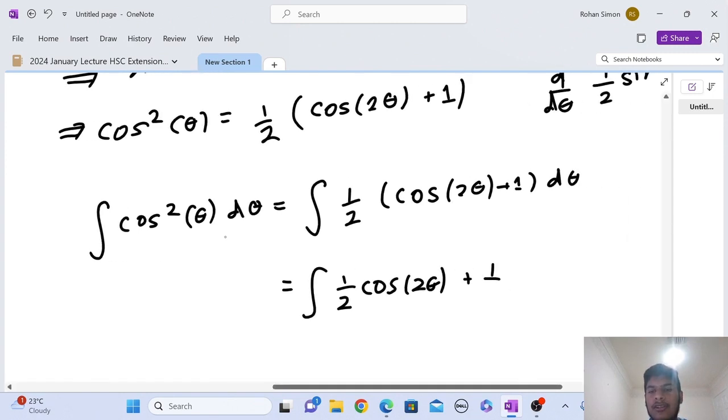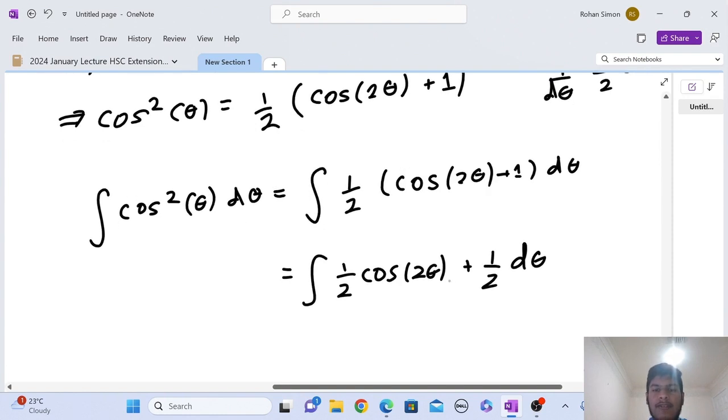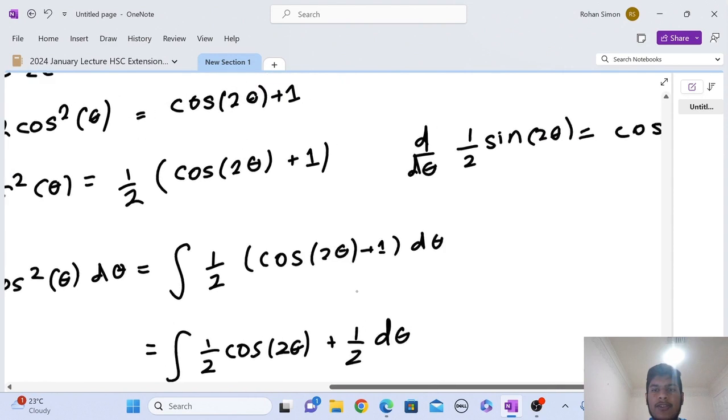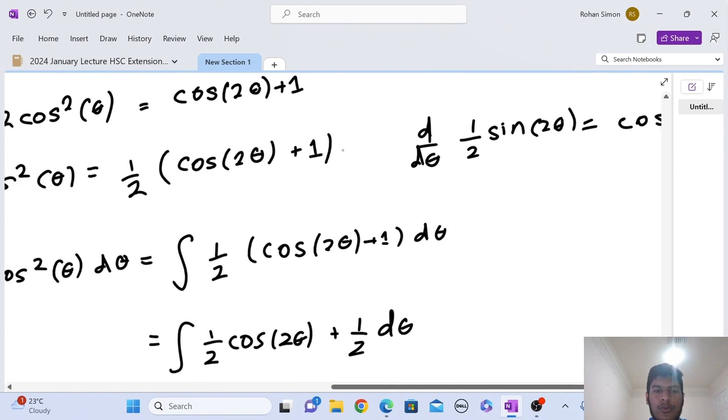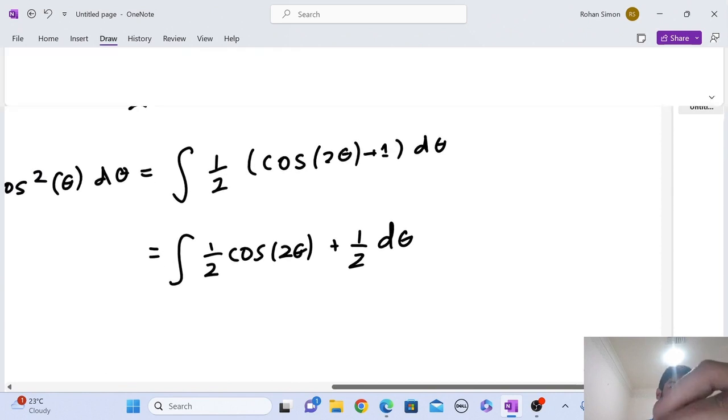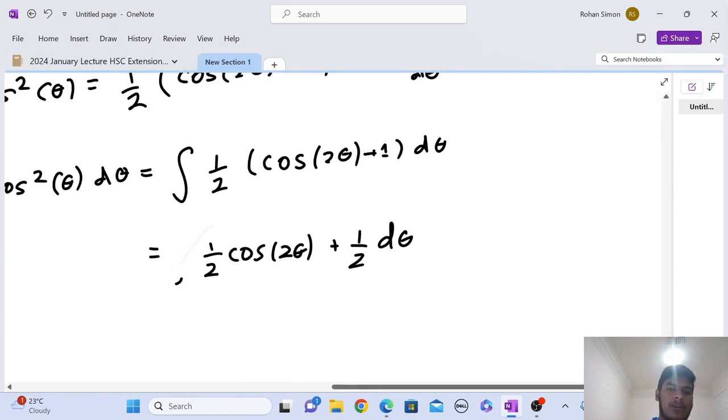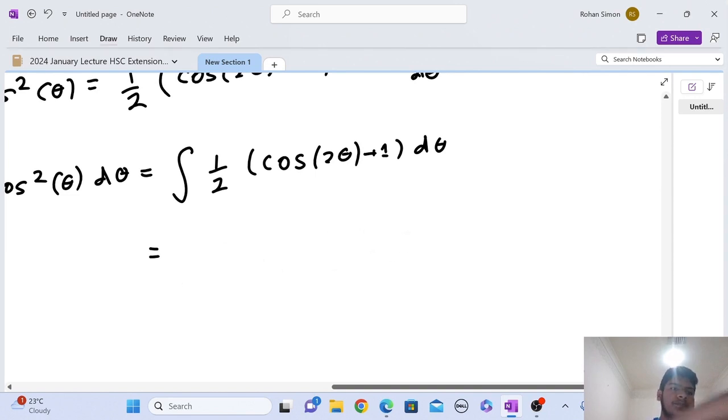Now usually, sometimes you can pull out the half in front. Actually, it might be helpful for us to pull it out. I will pull out the half before we move on.